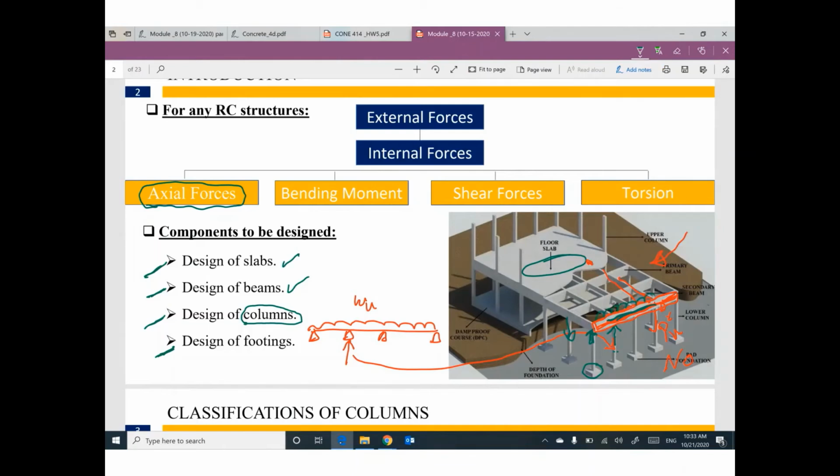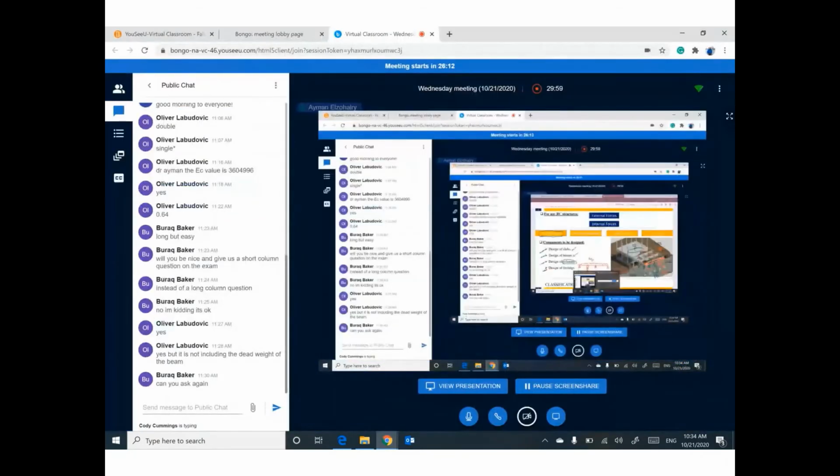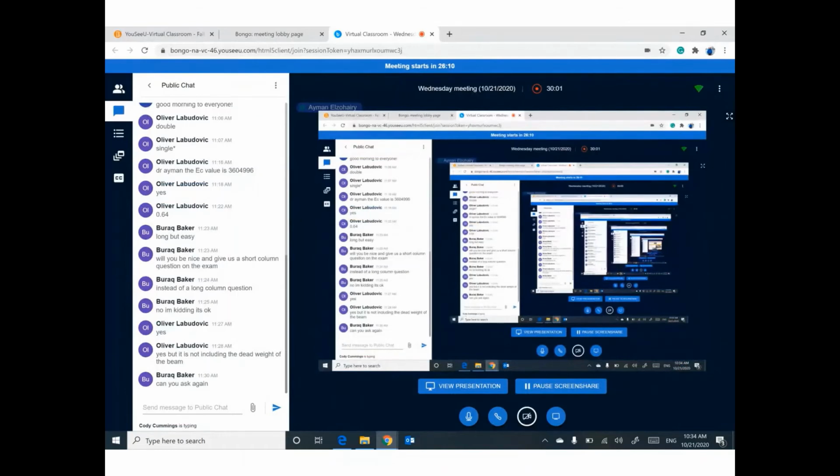If you solve this beam and get out the reaction here, this reaction can be considered the P ultimate on the column, or you missed something. I'm trying to give you the information by a question to not forget it all your life.